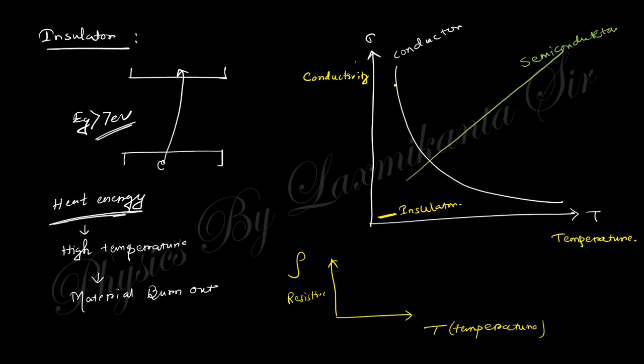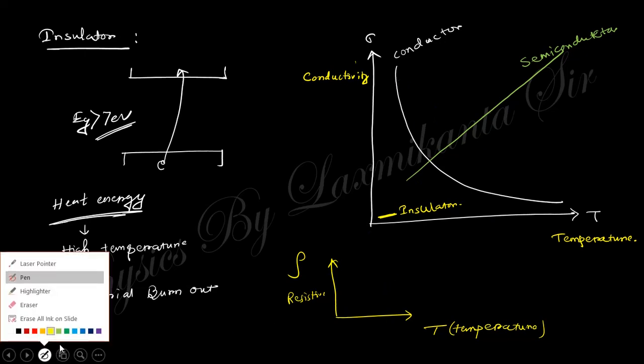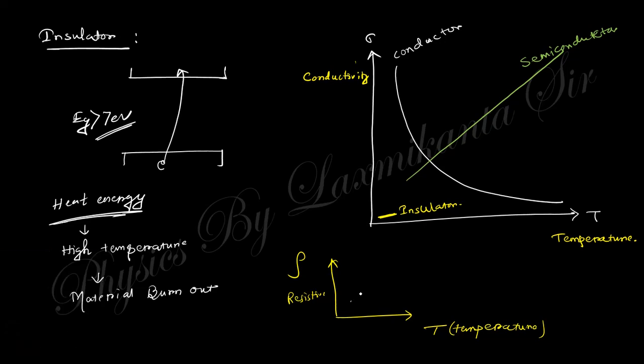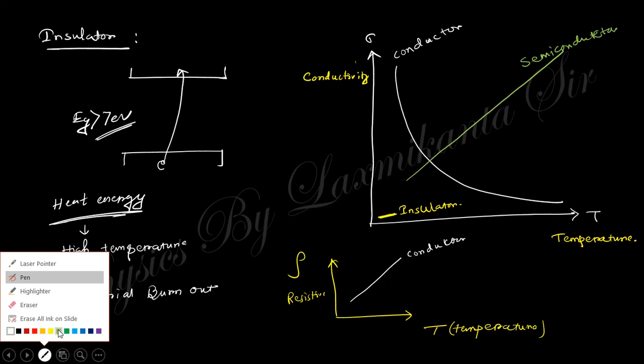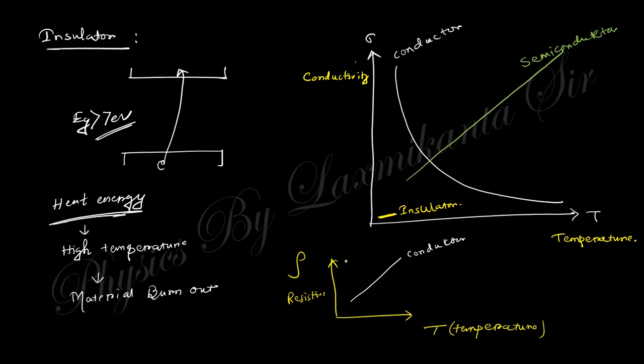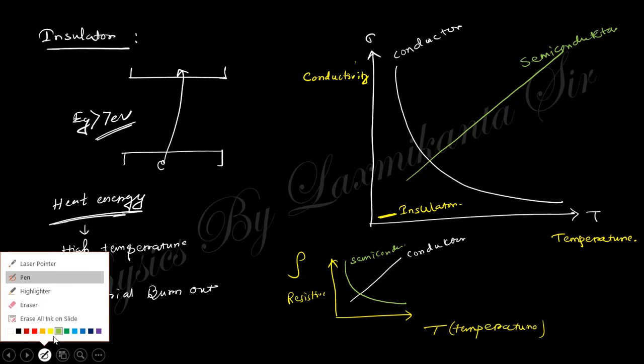The conductivity reduces, which means resistivity increases. So in case of the conductor, the resistivity increases. So this is for conductor. In semiconductor, as temperature increases, resistivity reduces. So this becomes like that. This is for semiconductor, and resistivity is very high in case of the insulator.